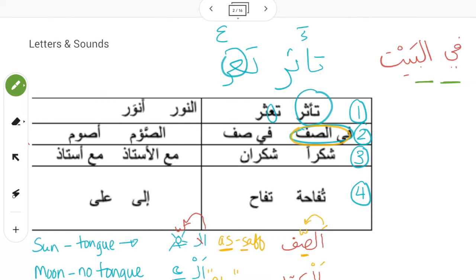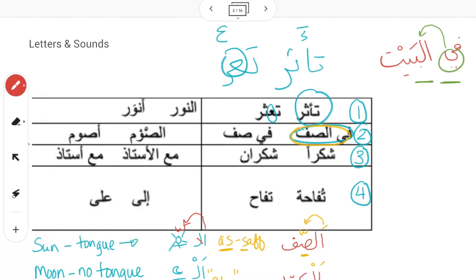In this case, the last letter is this ya. That's the vowel sound E. And you're going to connect it here to the lam. So instead of saying fi al-bayt, we're going to say fil bayt. If you were to say fi al-bayt 10 times, you would end up connecting them in this way anyhow. Fil bayt.